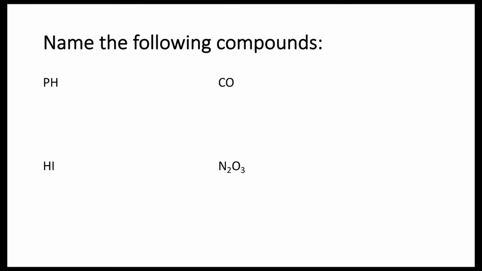So I'm going to go through the first one with you, and then you can pause and try the rest. So we have phosphorus and hydrogen. Both are nonmetals. So for the first one, we don't see any subscripts on either of these, meaning we don't have more than one. So we're going to start off with writing down phosphorus.